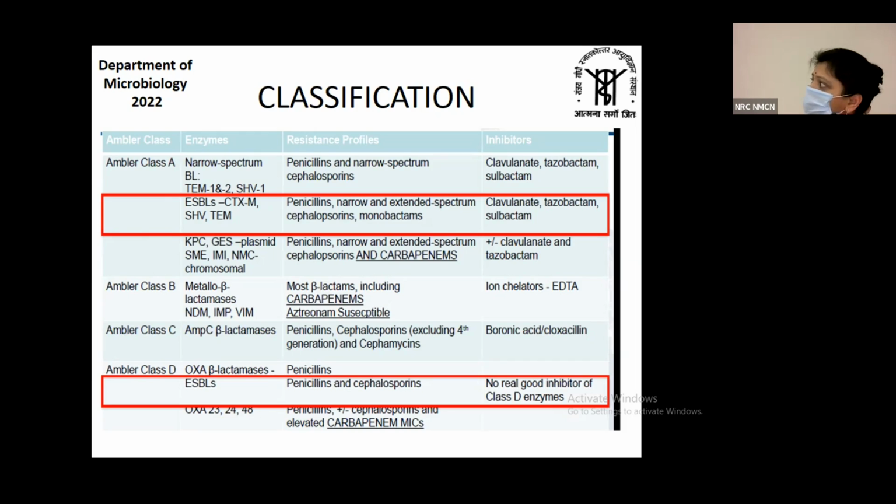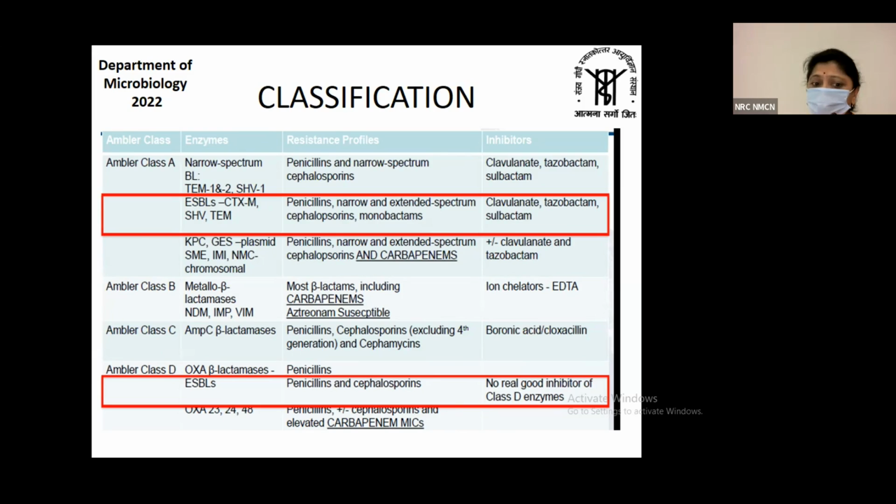These are the most important nosocomial enzymes, that is CTX-M, SHV and TEM. They will be inhibited by the usual inhibitors which are clavulanate, tazobactam and sulbactam. So if it is cefoperazone sulbactam, piperacillin tazobactam, or amoxicillin clavulanate, it is going to act on the isolate which is producing an ESBL. So your piperacillin tazobactam or Augmentin is going to work, right?